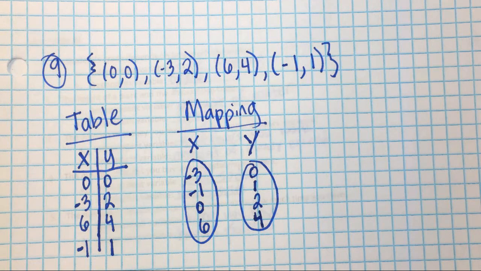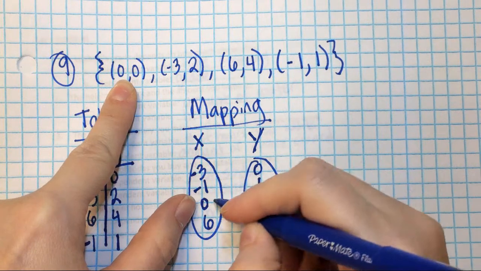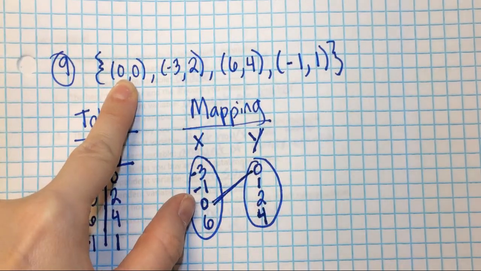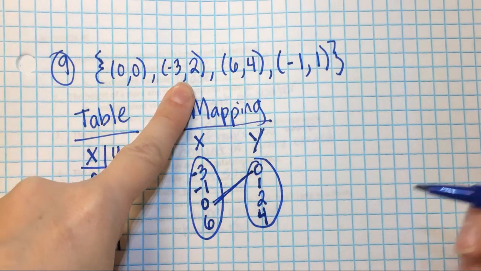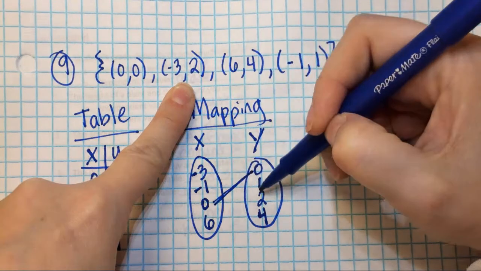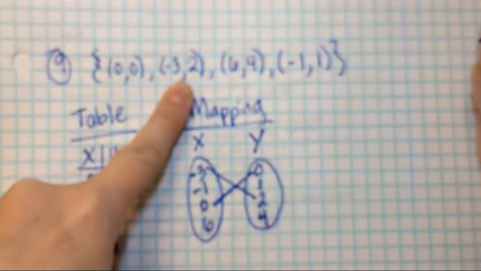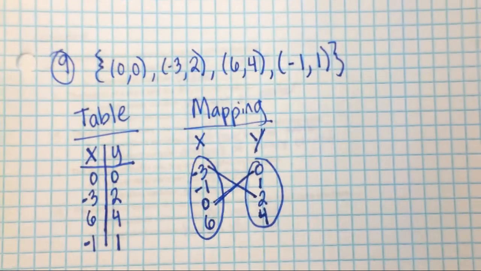So now I'm just going to connect the points. So you see the first point listed is 0, 0. I connect the 0 in the X with the 0 in the Y. Does that make sense? And then next I have -3, 2. So I connect the -3 with the 2. So then my third point is 6, 4.